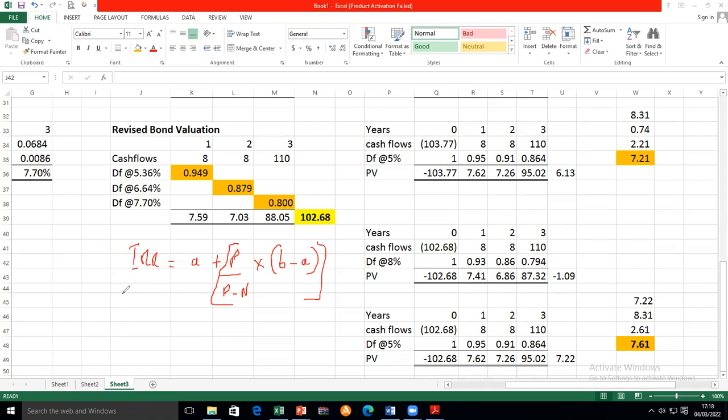We have got two discount rates, A, which is 5, and B, which is 8. So these two. Then you put them in to find the internal rate of return. Okay, so this was the first part of that question.